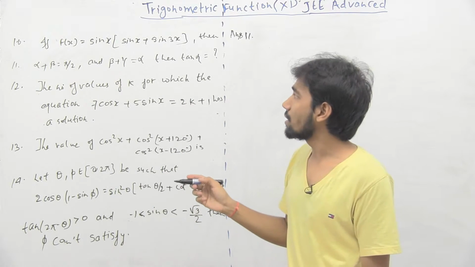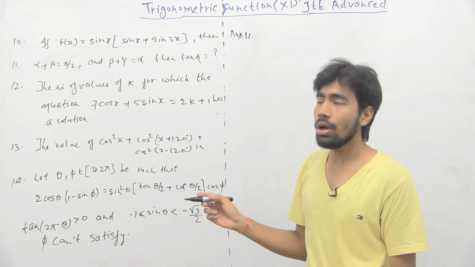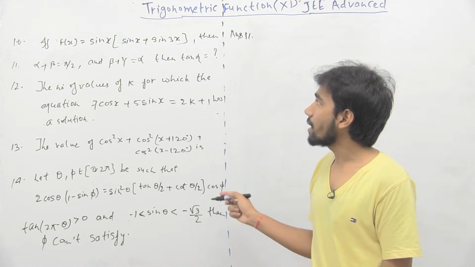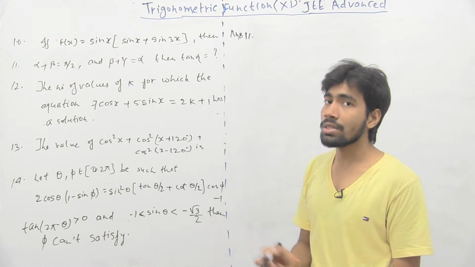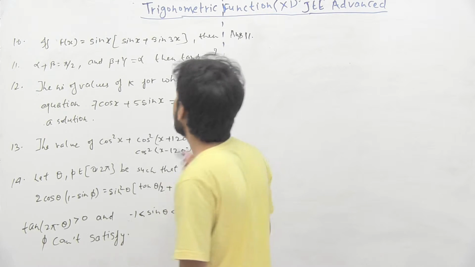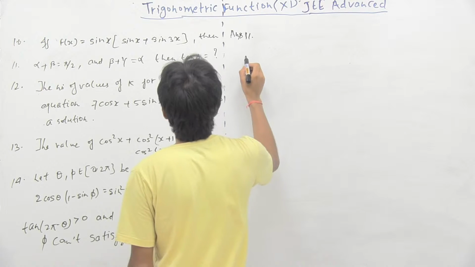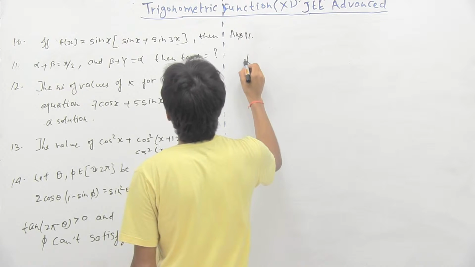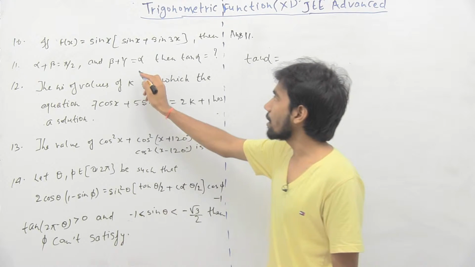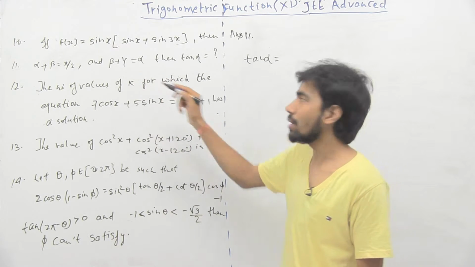Now question number 11. Alpha plus beta is given as pi by 2, and beta plus gamma is equal to alpha. Then we have to find tan alpha, and options are given in the form of tan beta and tan gamma. So first, from here tan alpha is equal to tan(beta plus gamma).